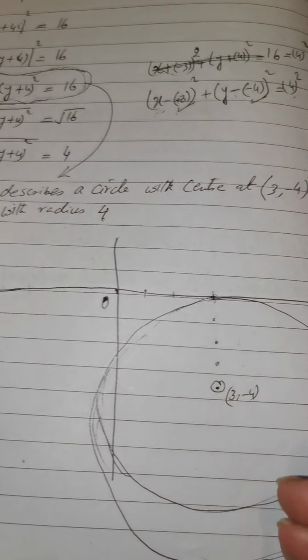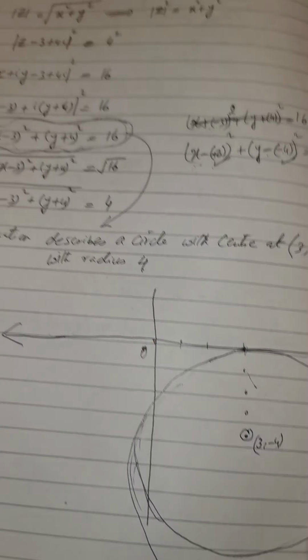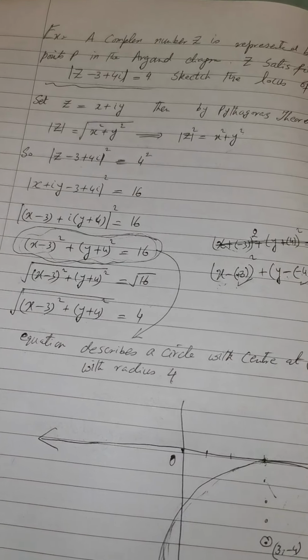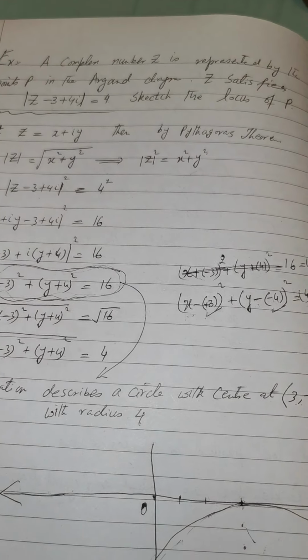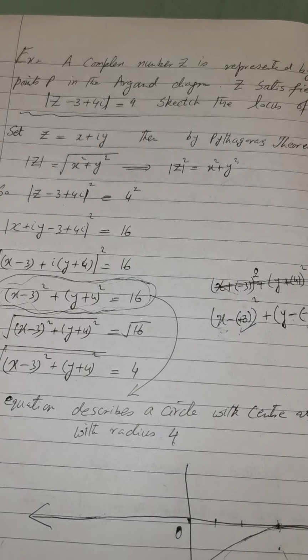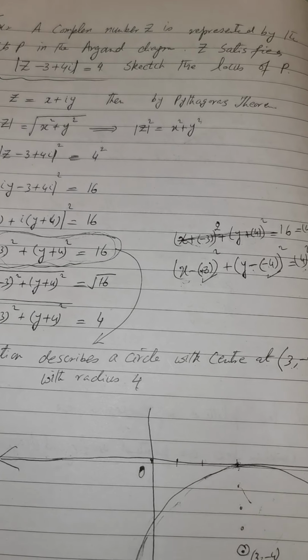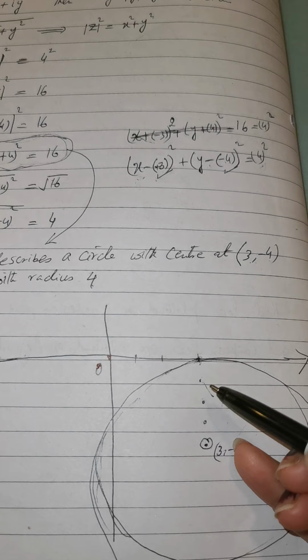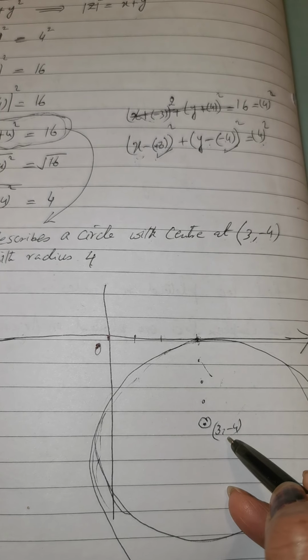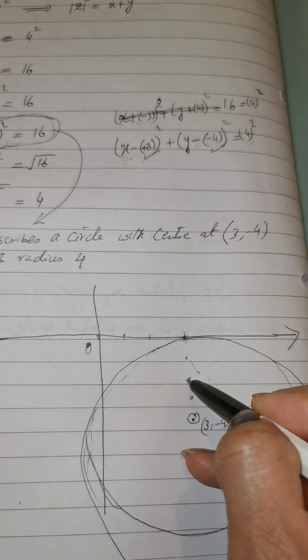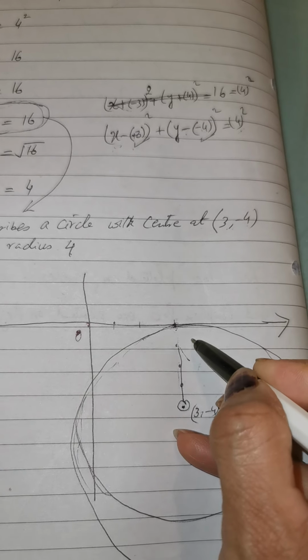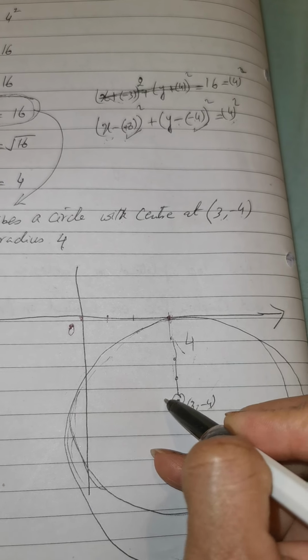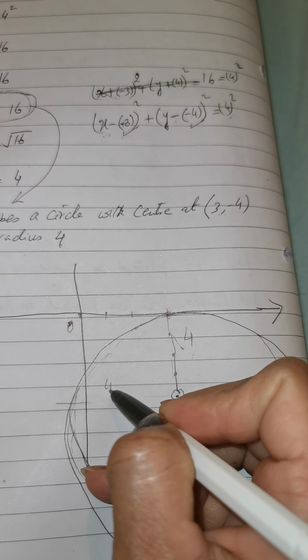So this is the locus which they have asked in our question, and in this way we will sketch the locus of the given point, and you will show here 3 minus 4, and you will show that this radius is 4 units away here, and from here also 4 units away.